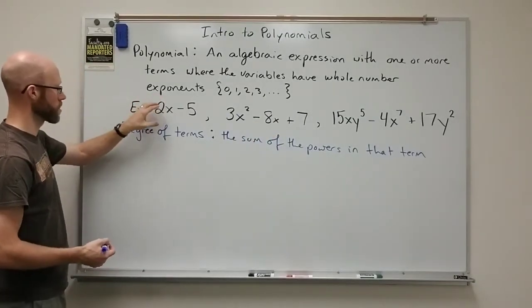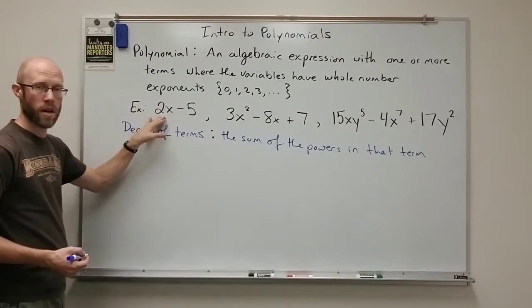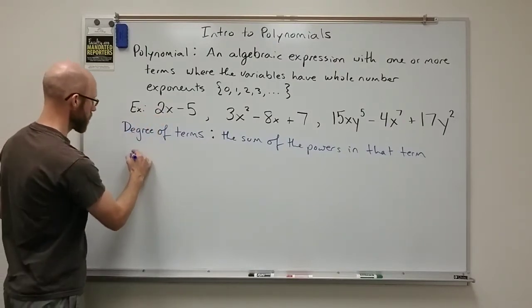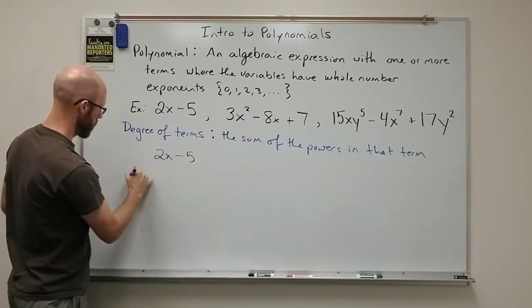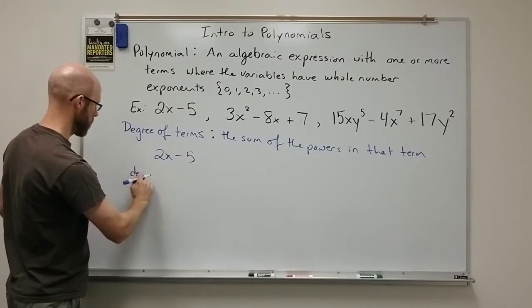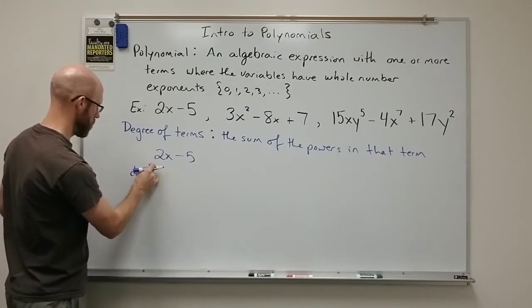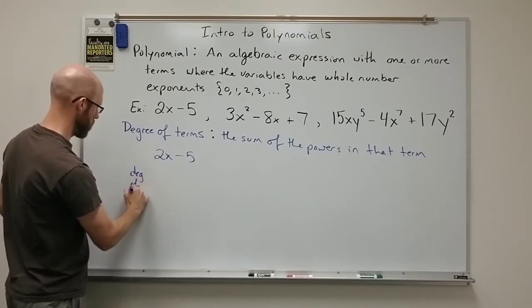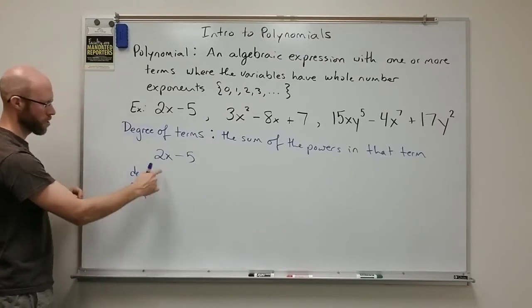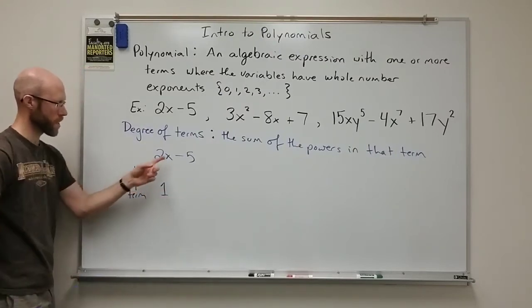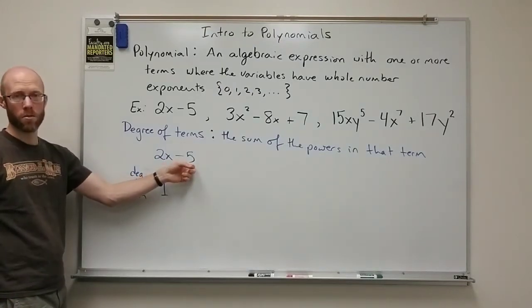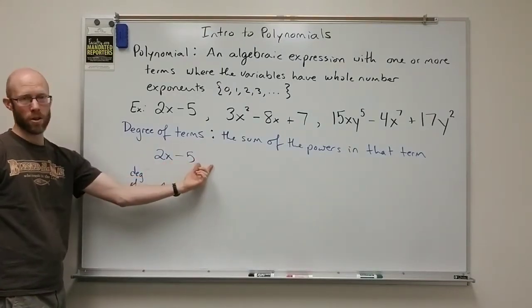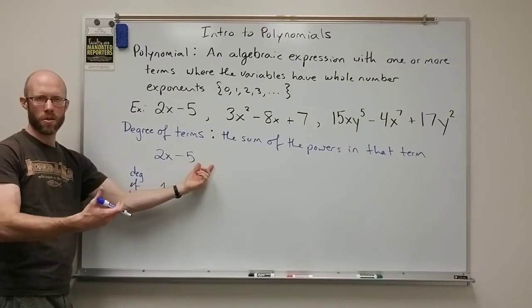You just take the power from that variable in the term. So, for instance, in this first example, 2x minus 5, the degree of the terms is 1 for the first term because that's the power on the x. And the second term doesn't show a variable, but remember, it really has a variable to the 0 power.